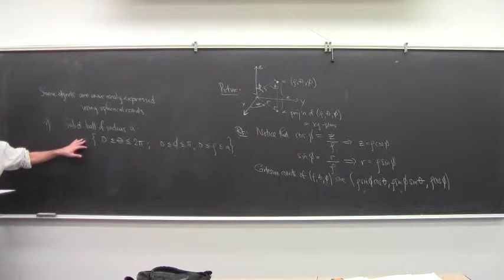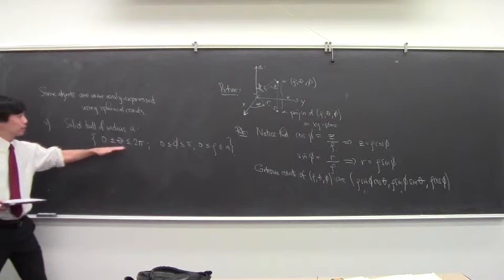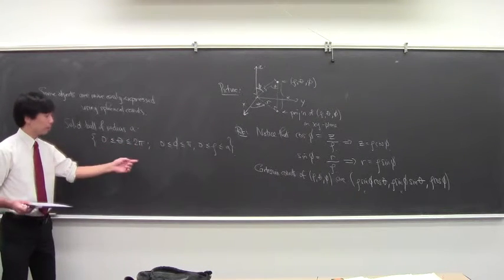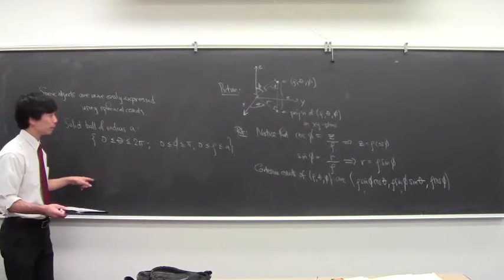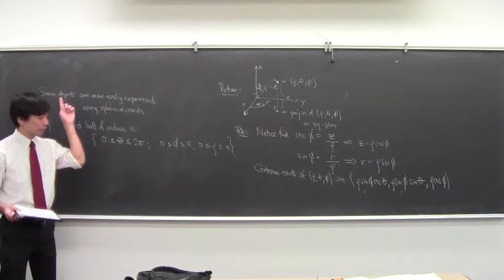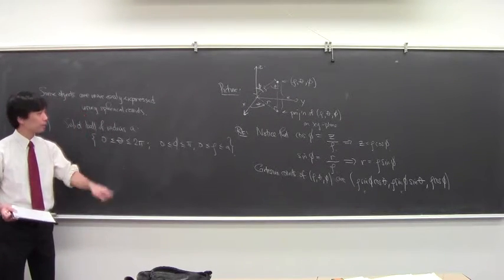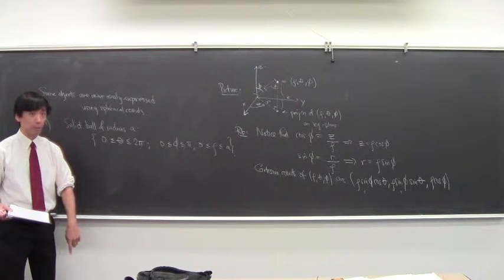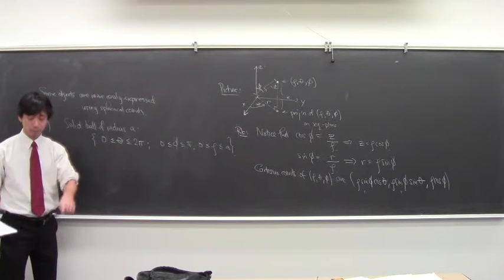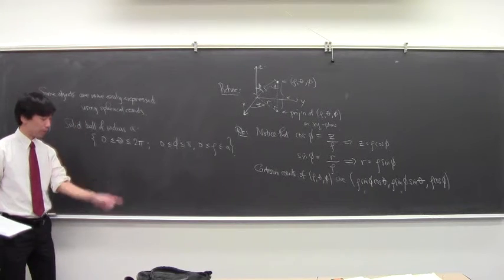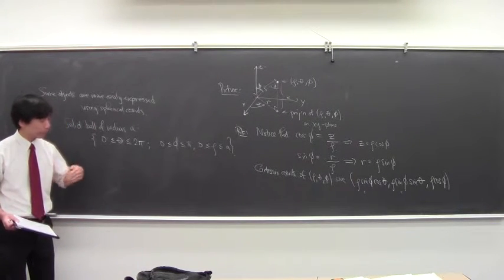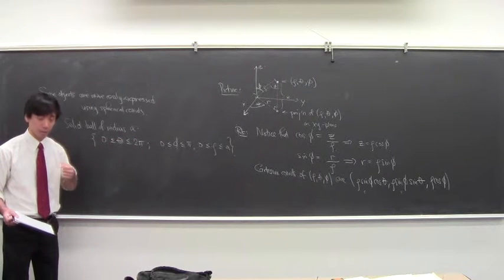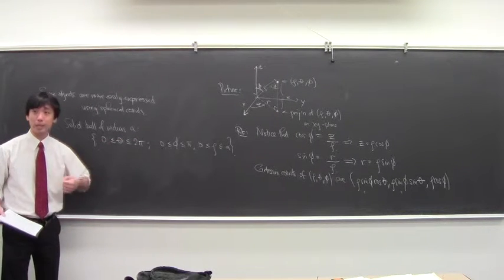Any questions about the solid ball? Make sense? Your theta ranges over the full circle, your phis range like this, all the way down to the bottom, all the way around, and then the distance to the origin will be from 0 to a.